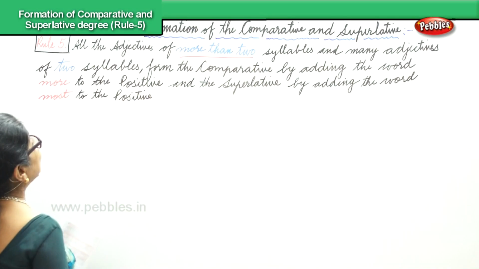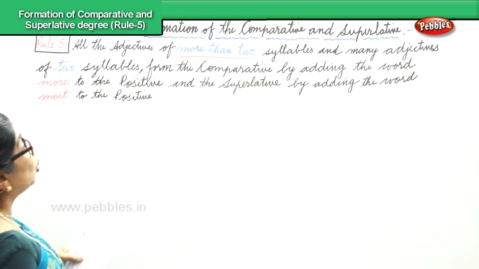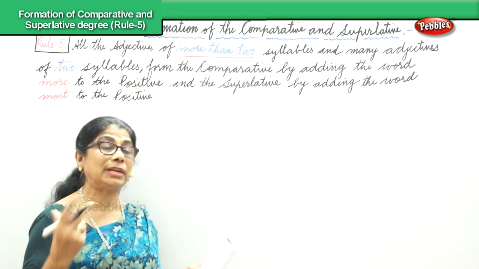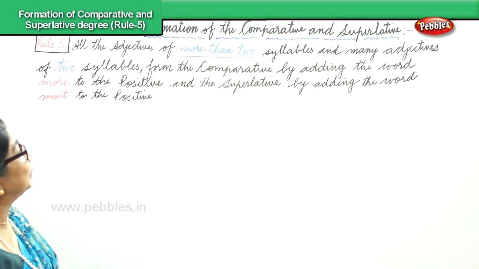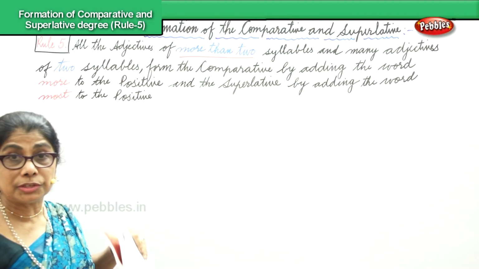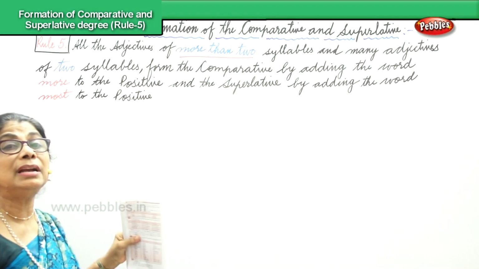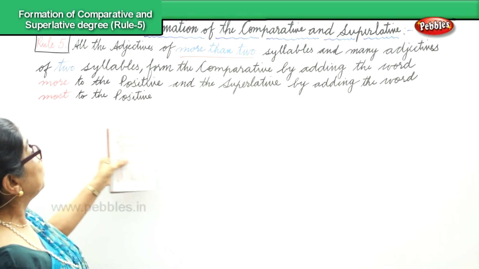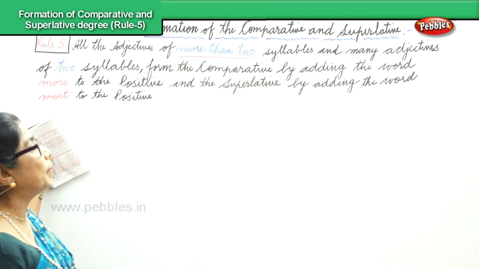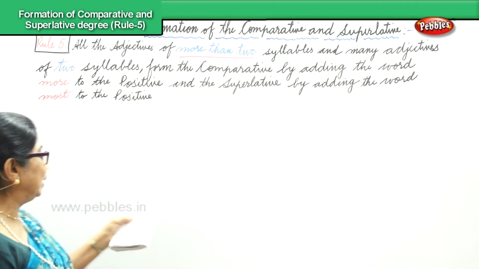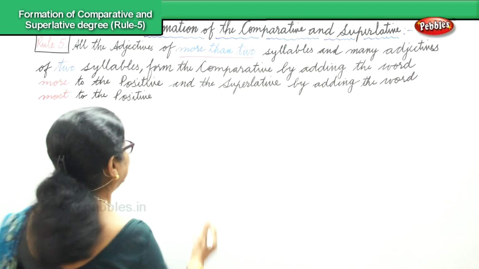So what does rule number 5 say? All the adjectives of more than 2 syllables and many adjectives of 2 syllables form the comparative by adding the word more to the positive, and most to the positive to form the superlative degree. Now let's look at the words we have here.